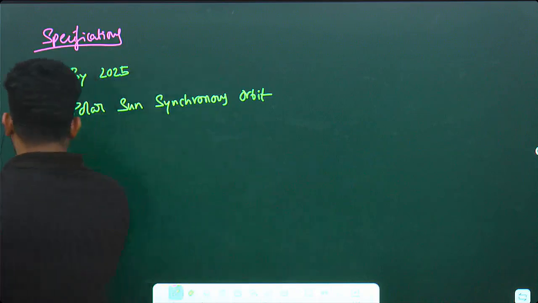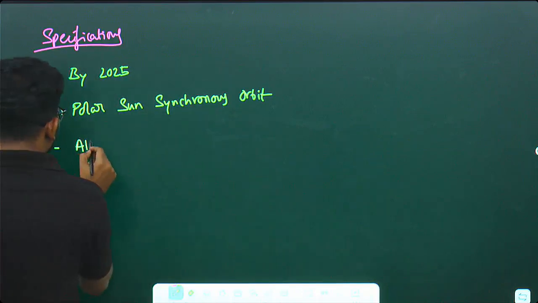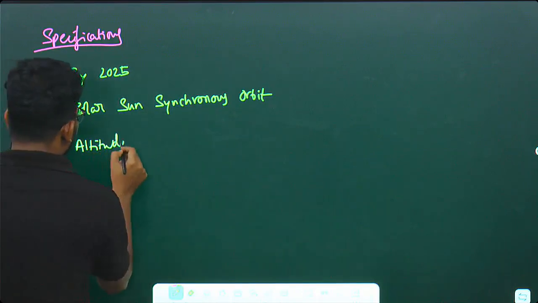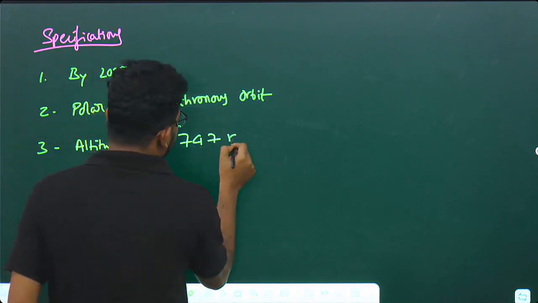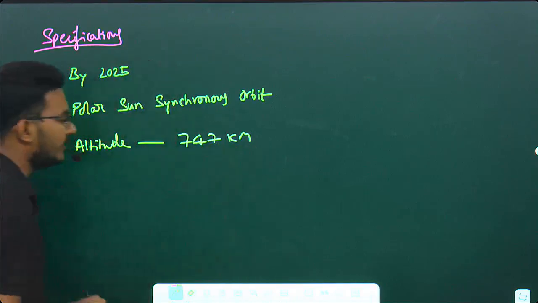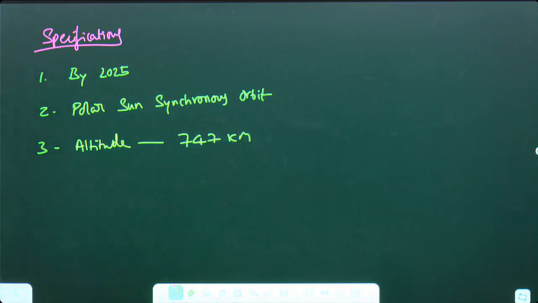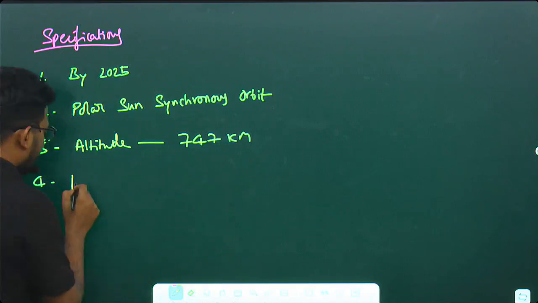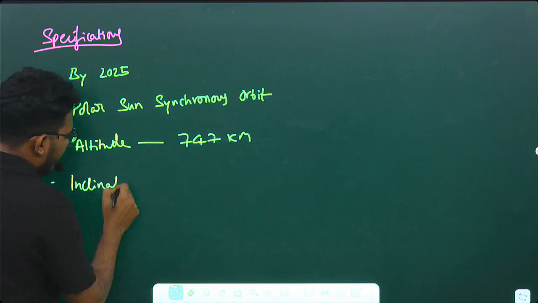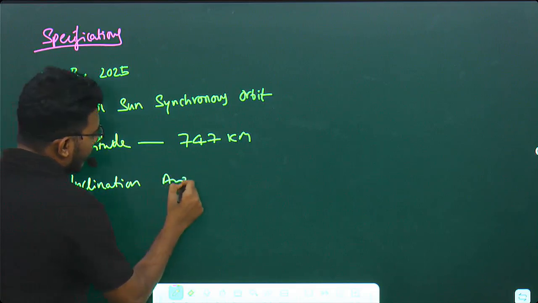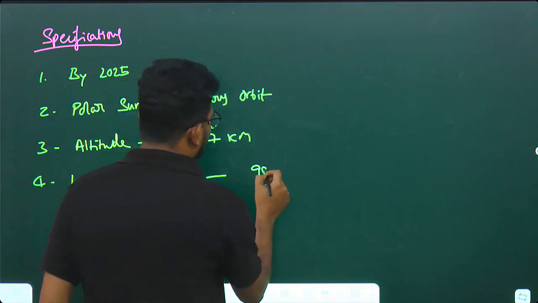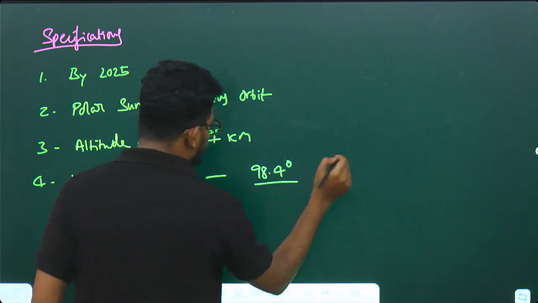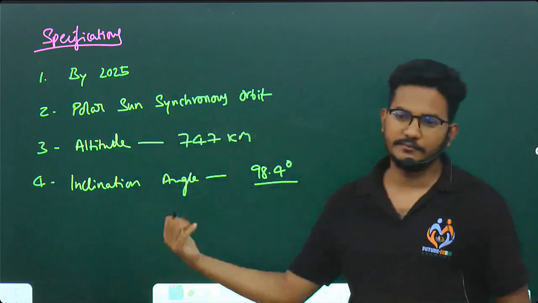Now altitude: at what height they are going to launch, which is 747 kilometers. Inclination angle: 98.4 degrees. See, understood this one?